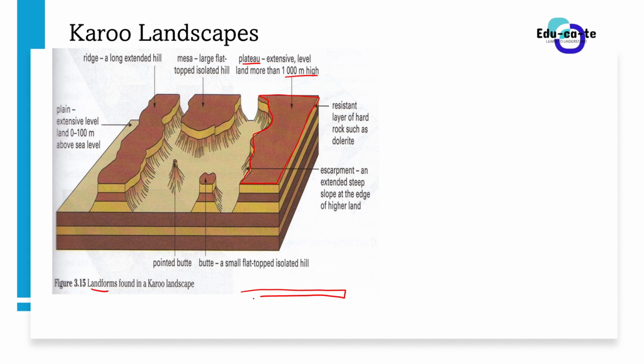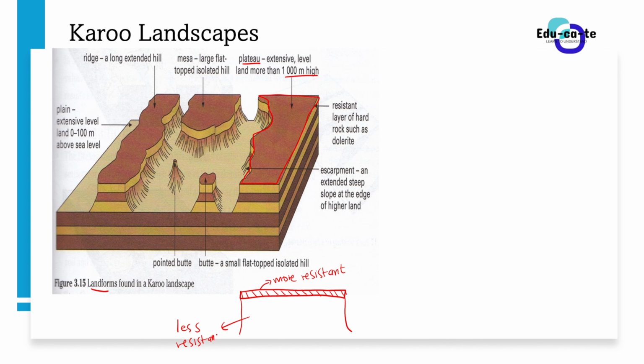On the top of the plateau, we have a more resistant rock. The rock found on the top parts of a plateau is more resistant to erosion. And then the rocks found below the plateau are less resistant. So here we have less resistant rock.